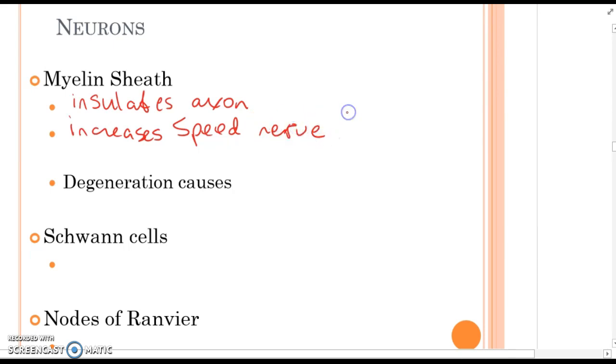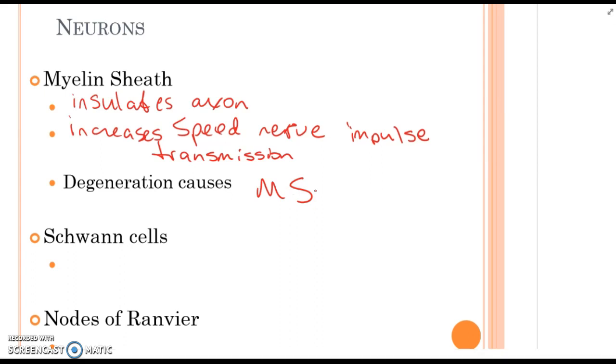So it increases the speed of nerve impulse. How fast do we get sent? And degeneration, you may have heard of MS or multiple sclerosis. So a degeneration in that myelin sheath or in that insulation could cause multiple sclerosis.